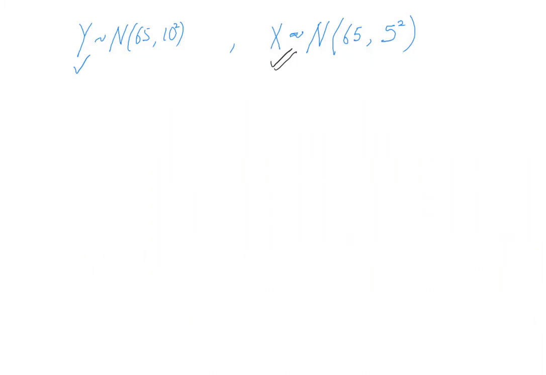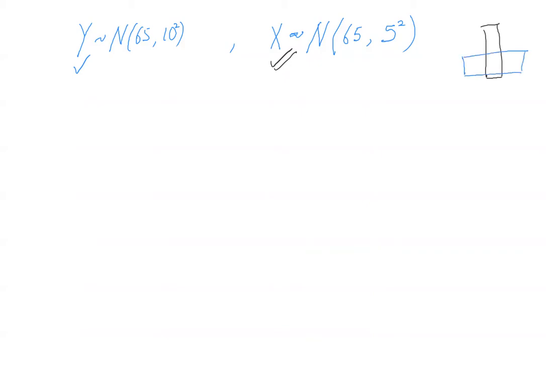X and Y, which one is taller? X. The spread is smaller, so it should be taller. That means I have these two rectangles. The rectangle for X should be taller because it has a smaller spread. And Y should be wider because it has a bigger spread.